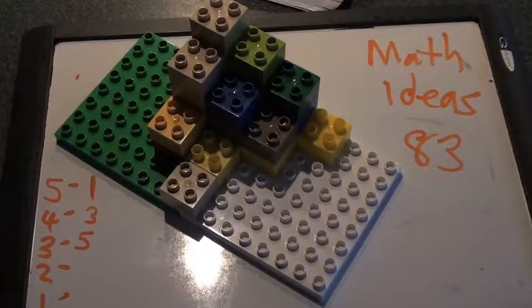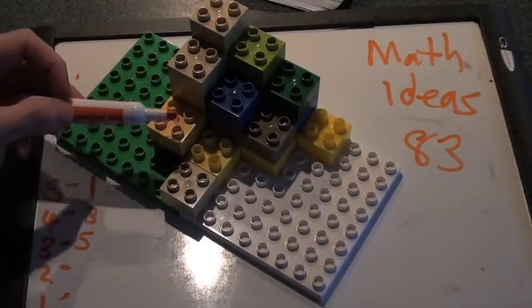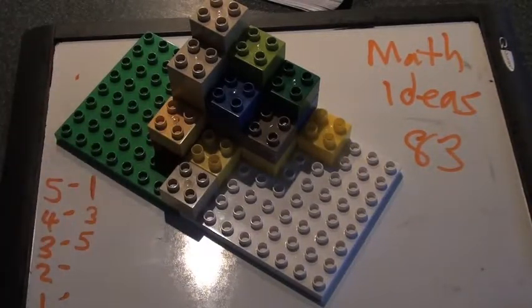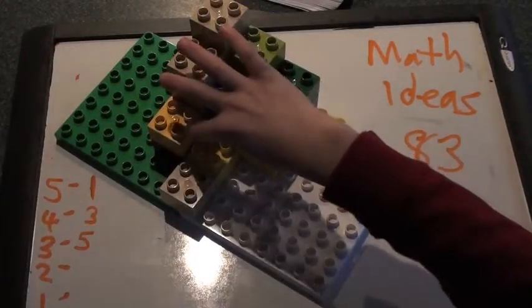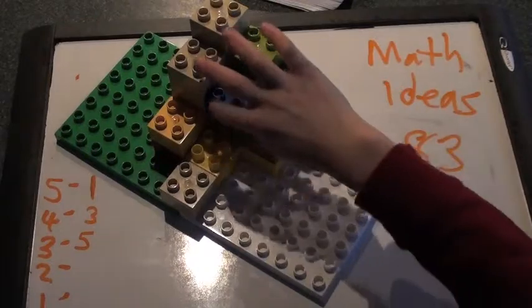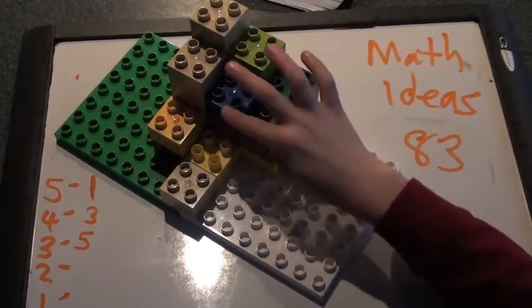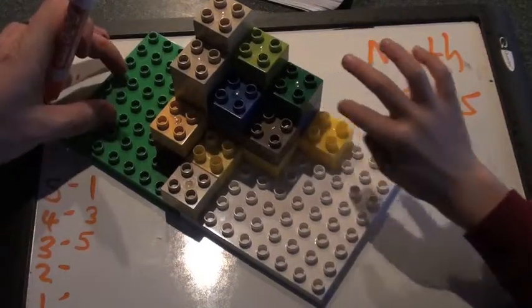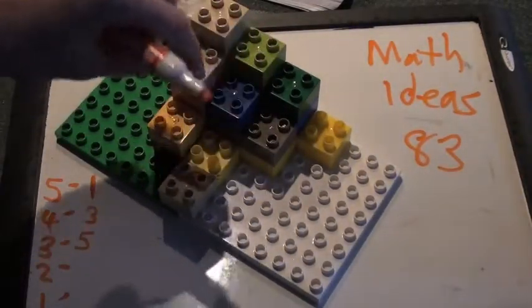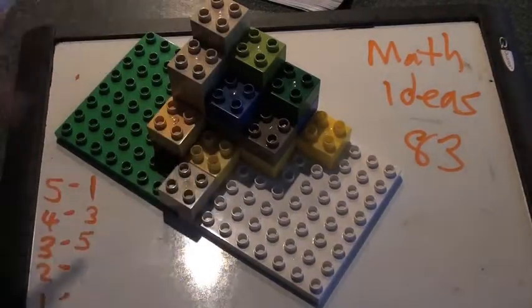We only have 2 more layers to go. So how many are on the 2nd layer now? There's 2 we can see, and all 5 of the blocks from the prior layer have to be on top of something.